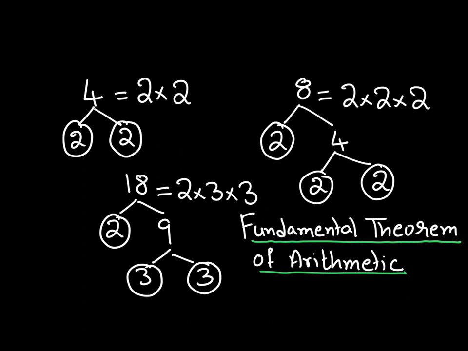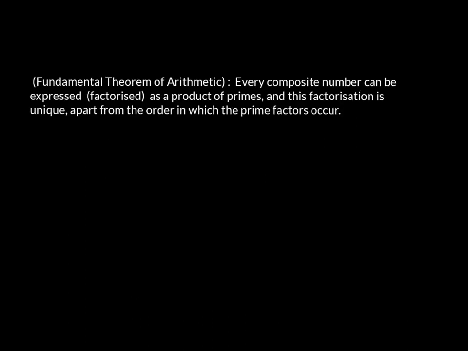Let us state this theorem like a mathematician in a formal way. The fundamental theorem of arithmetic states: every composite number can be expressed or factorized as a product of primes, and this factorization is unique apart from the order in which the prime factors occur.